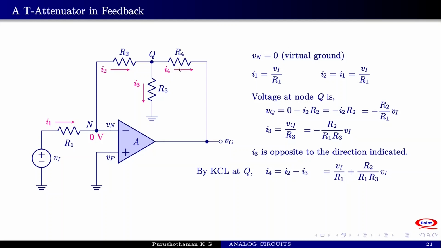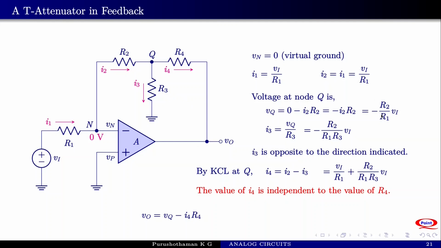And once we know I4, we know the voltage across R4. And once we know the voltage across R4, the output voltage is equal to the voltage at Q minus the drop across R4. So the output voltage VO is equal to VQ minus I4 into R4.